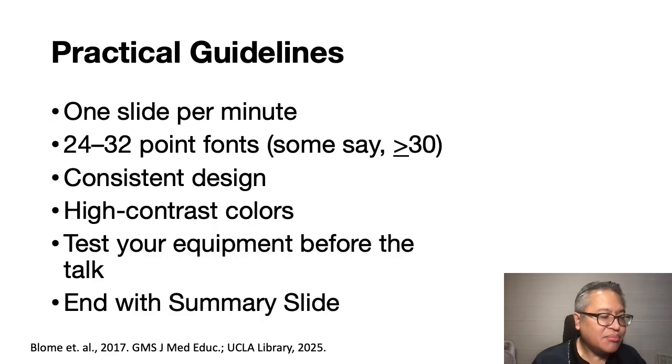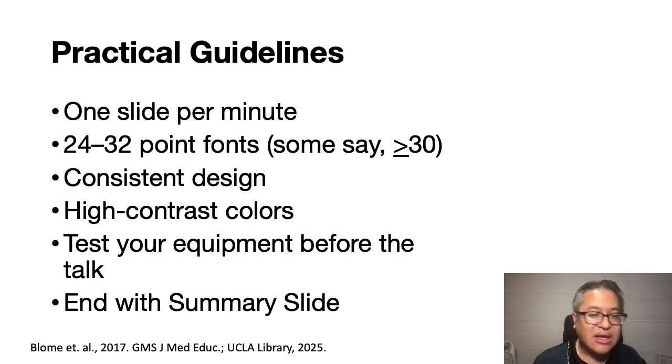And keep the design consistent all throughout so as not to distract. And then choose high contrast colors. Avoid light text on light backgrounds or red-green combinations. And then test your equipment before the talk. Remember, if you're reading text off your slides, the slides are doing too much.